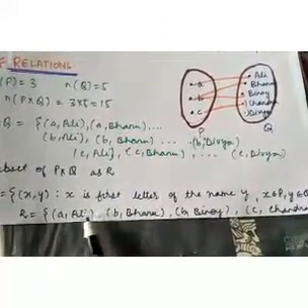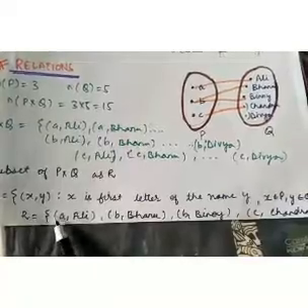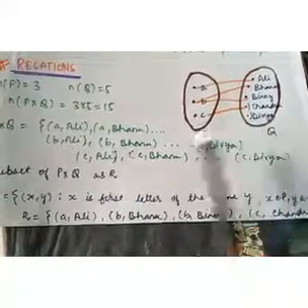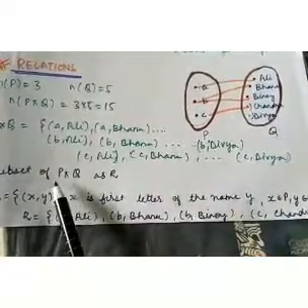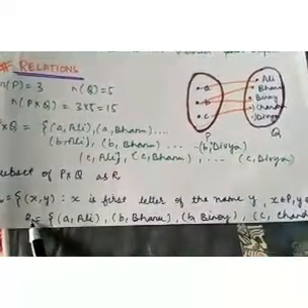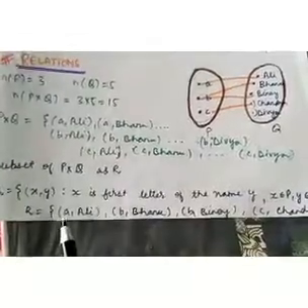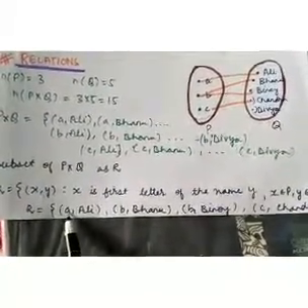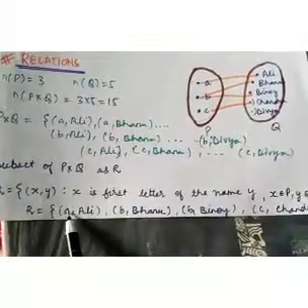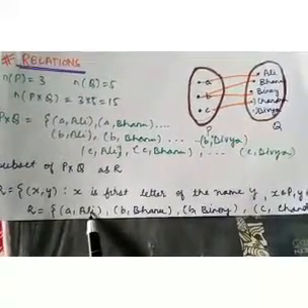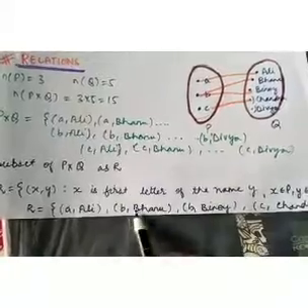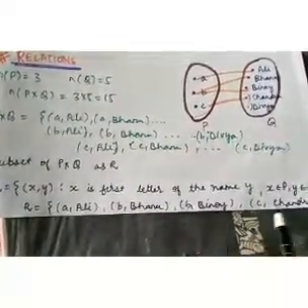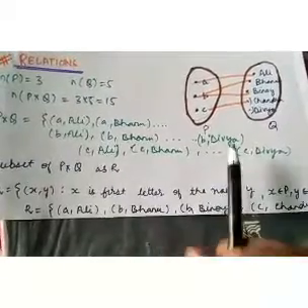So this relation R is a subset of the Cartesian product of P and Q. We have named it R, in which we have taken all those ordered pairs for which the first letter is the first letter of this name. That is A, here also capital B, and C with capital C. So this is a relation.